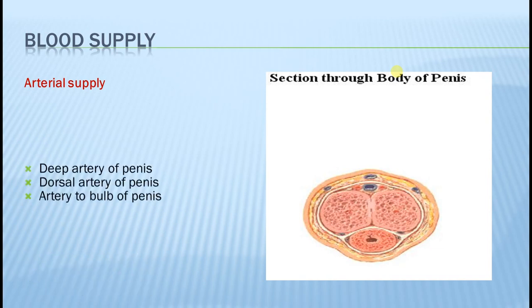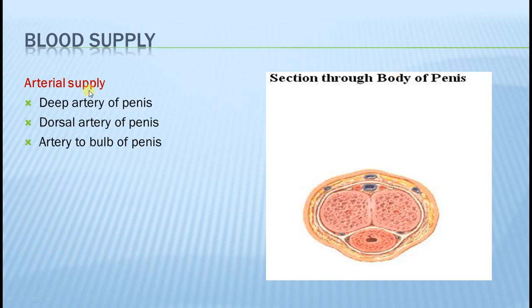The arterial supply of the penis is mainly by the deep artery of the penis. The deep artery pierces the corpora cavernosa, and all these spaces are filled by the helicine arteries. Normally in a flaccid state, the arterial ingress is less than the venous egress.